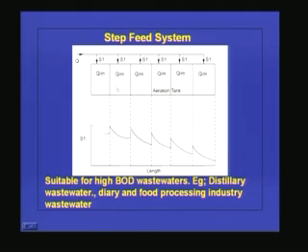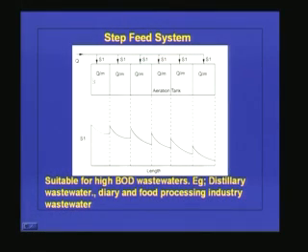That is what is done in the step-fed system or tapered aeration system. That is one modification of the conventional activated sludge process. In the tapered aeration or step-fed system, the wastewater to be treated will not enter at a single point. The wastewater will be distributed throughout the length of the activated sludge process.